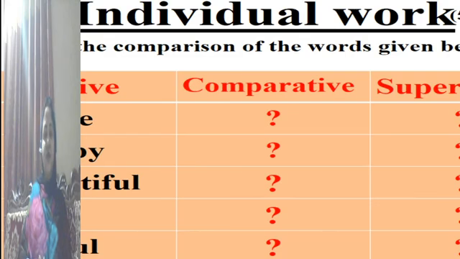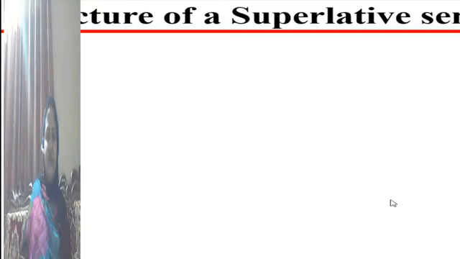So in beautiful, for example, you can say Sheila is a beautiful girl. Then we compare it, Sheila is more beautiful than Lila. Then we also say that Sheila is the most beautiful girl in the class. So beautiful, that means more beautiful, most beautiful. Like this were the other things, okay?